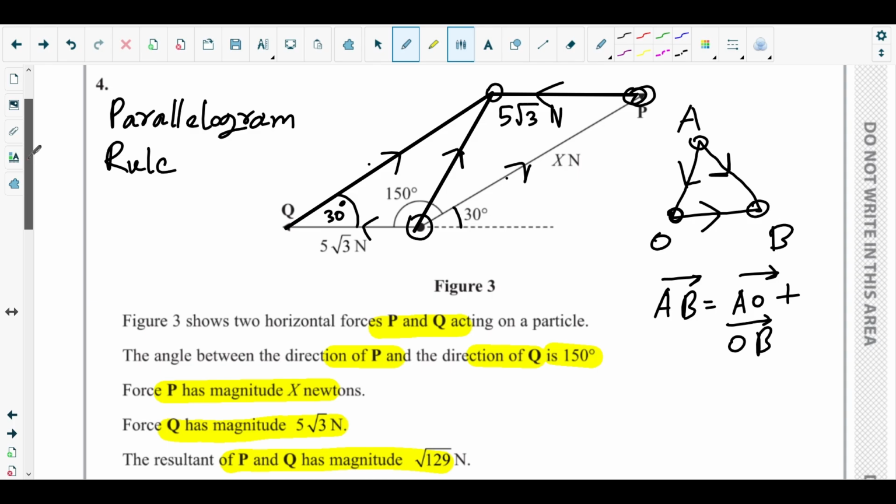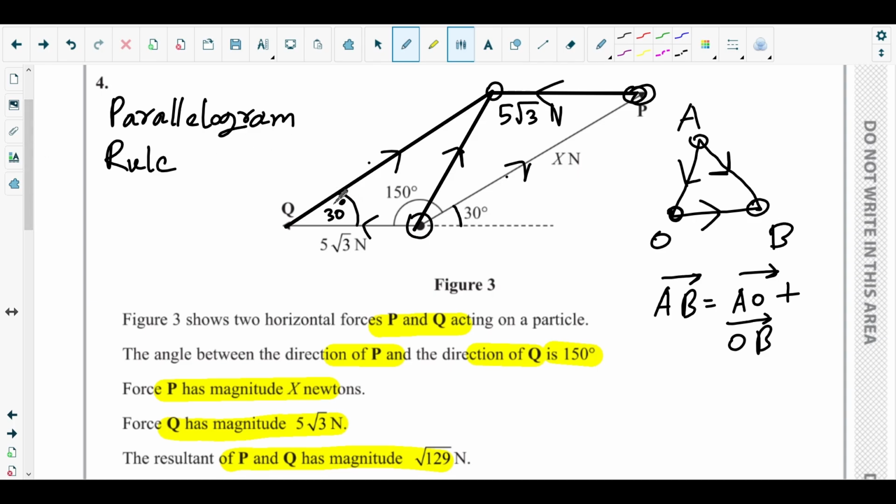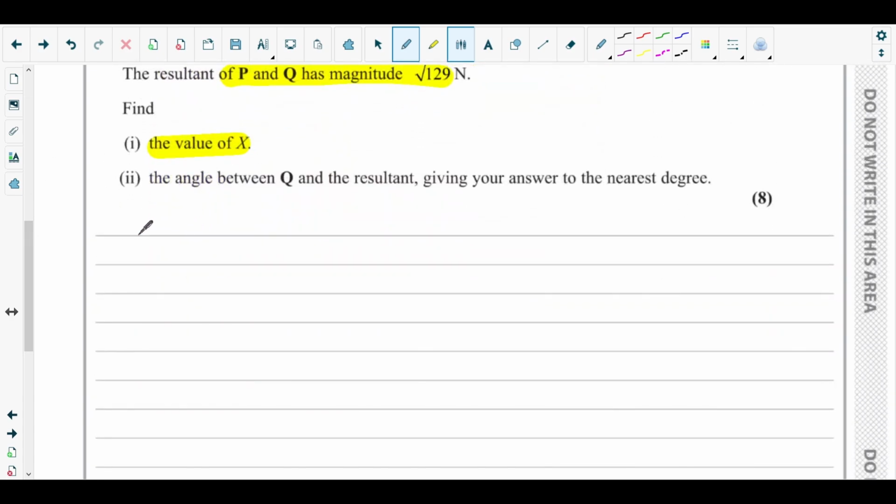We have to use the cosine rule. The value for cos 30 degrees is known to us, so we will consider it for part 1.